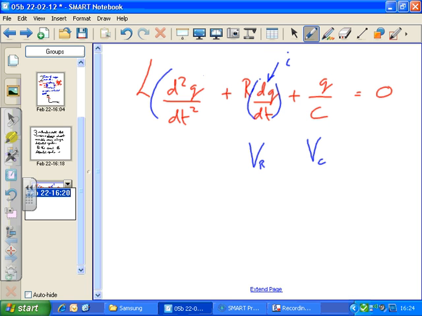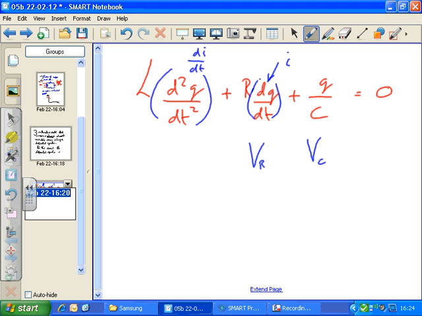Now this is the rate of change of current. I'll just talk about that for a second. d2q by dt squared means the second differential. So the first differential is dq by dt, and that gives the current. If I differentiate the current, that's the same as finding the second differential of the charge.